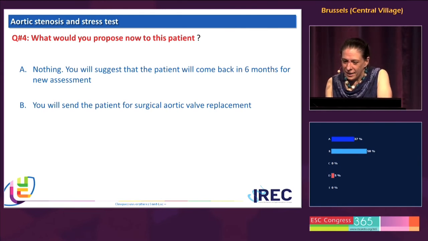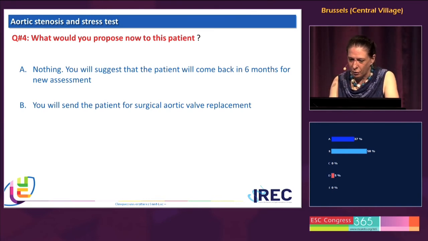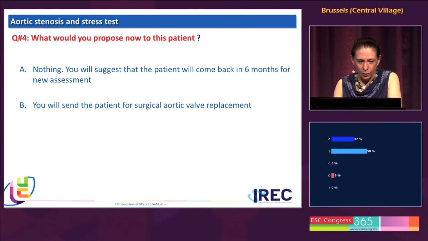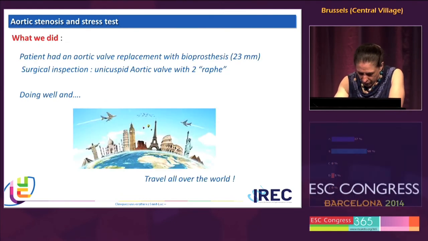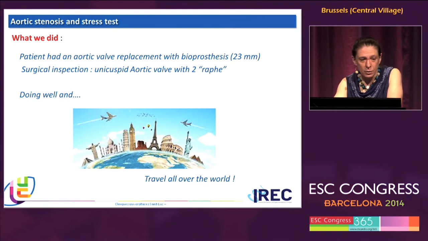So I see that 58% would send the patient for surgery and 37% would see the patient again. What we did, of course, was have a discussion with the patient and with the heart team, and we decided to propose aortic valve replacement with a bioprosthesis.